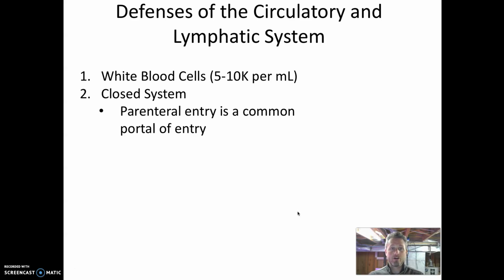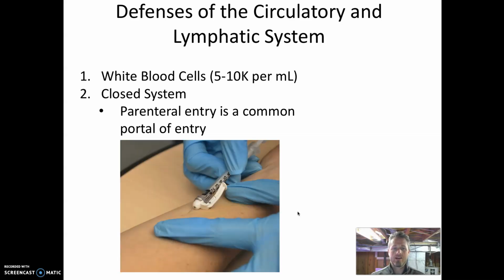That means that another common way that microbes gain entry into the circulatory system is parenteral entry. So again, it's a closed system. We have to pierce that system, break it to get in. Parenteral refers to that breaking. And parenteral entry often refers to needle pricks.